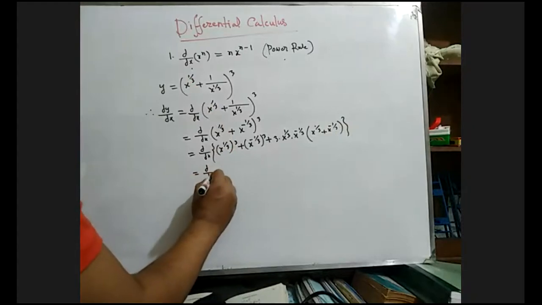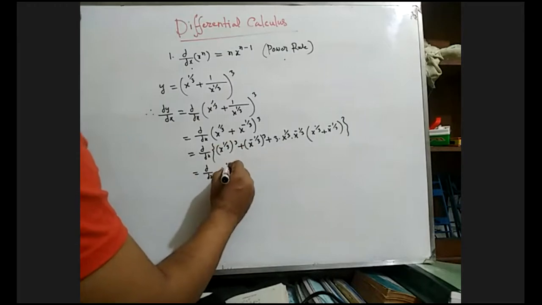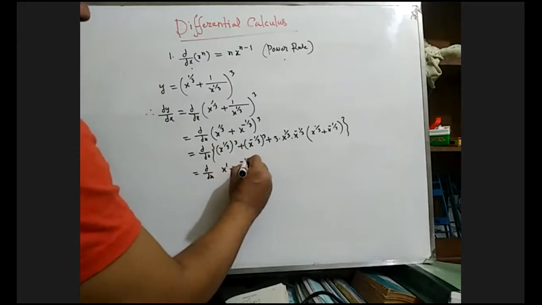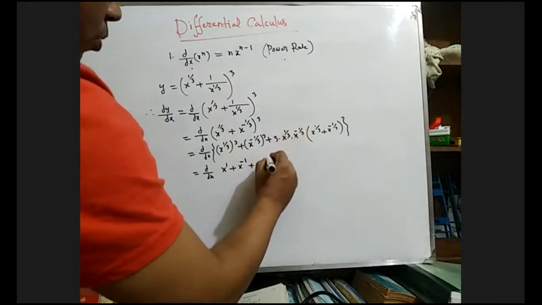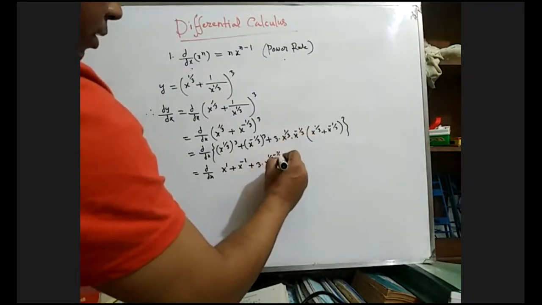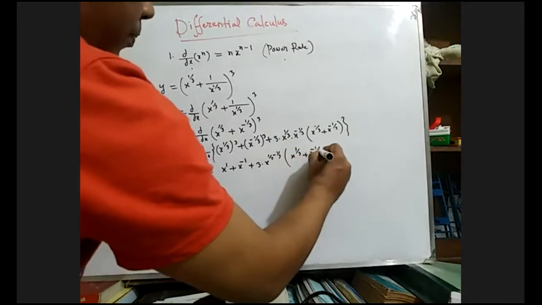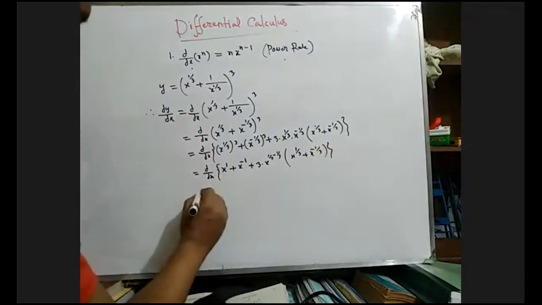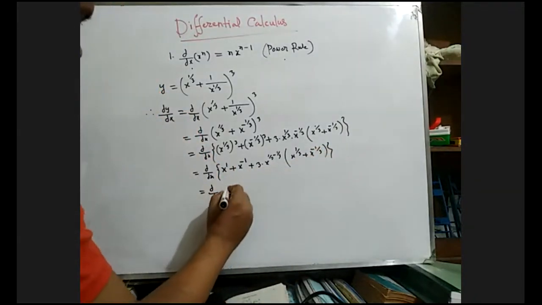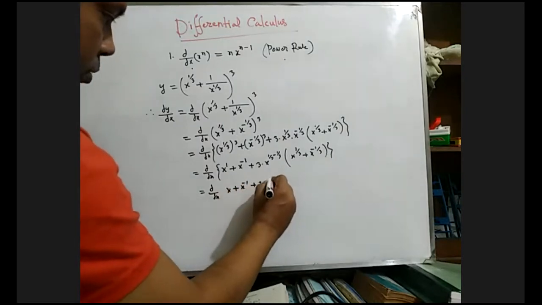So we can write d/dx of x to the power 1 by 3 cubed gives x, plus x to the power minus 1, plus 3 into x to the power 1 by 3 minus 1 by 3, that means x to the power 0. So d/dx of x plus x to the power minus 1 plus 3 into x to the power 0.